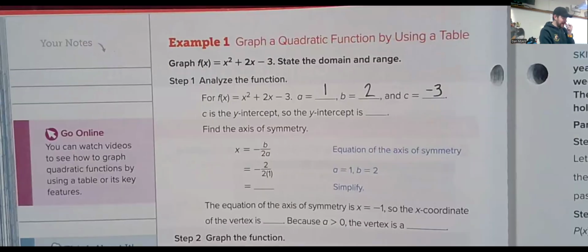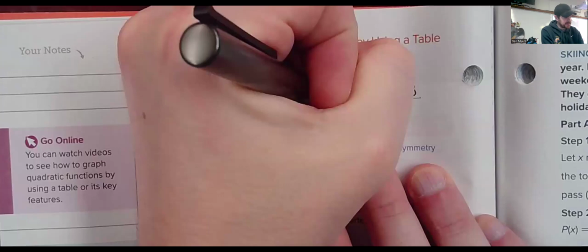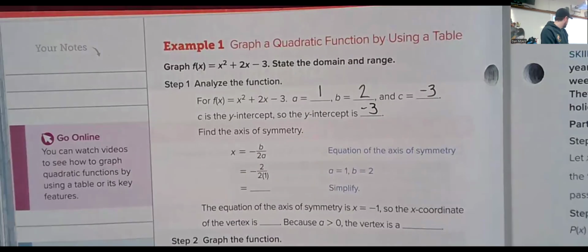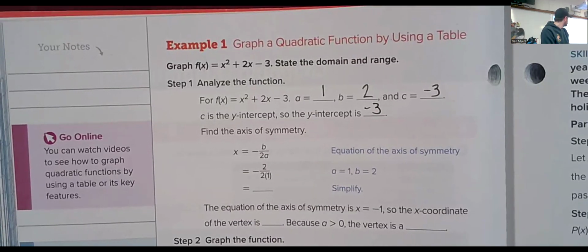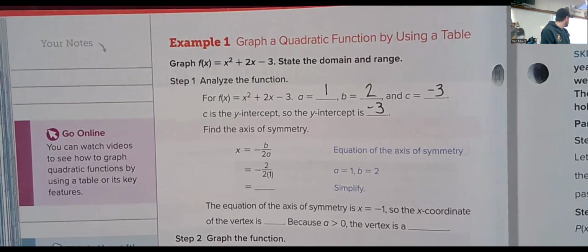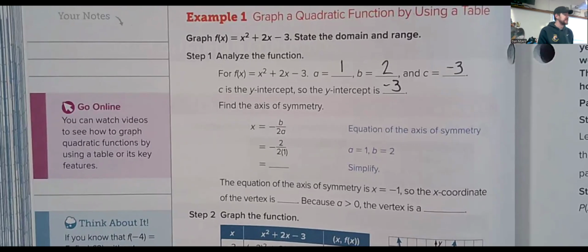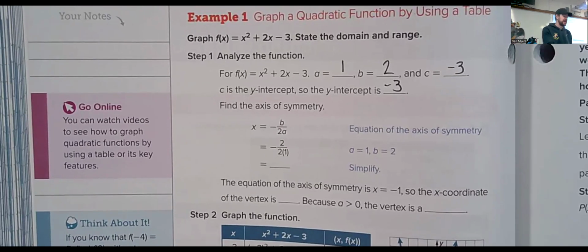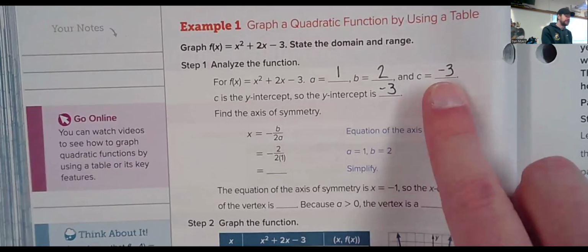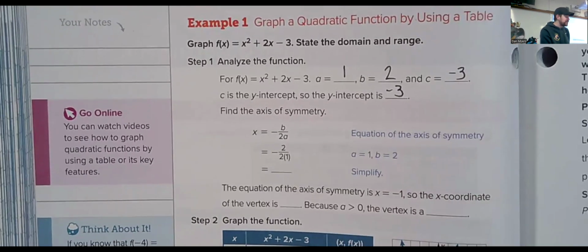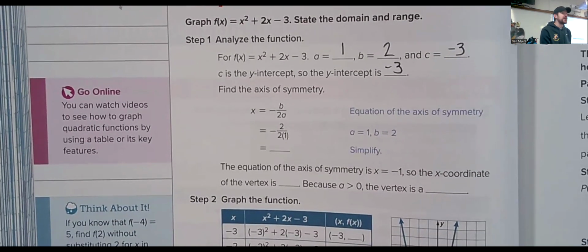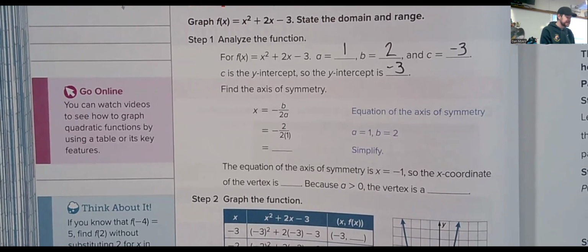So since c is the y-intercept, that means the y-intercept is -3. And so first thing you're going to do basically is figure out where the y-intercept is, because that's going to be the easiest part to pick out because it's always the number that's by itself with no variable. Then figure out where the axis of symmetry is, which is also the x-coordinate of your vertex.